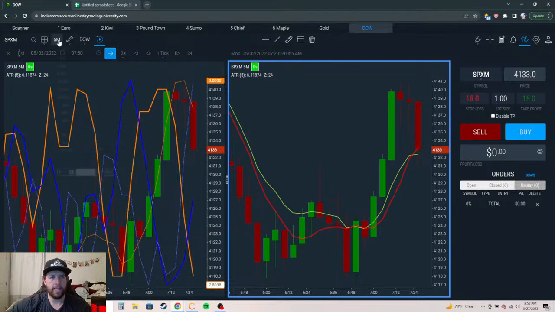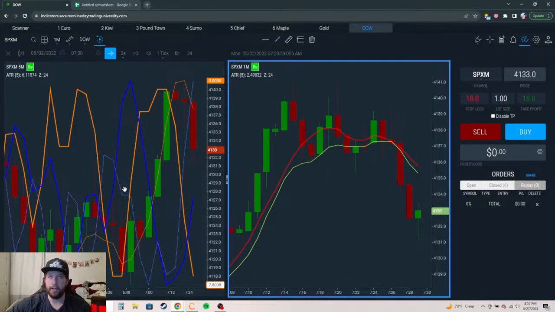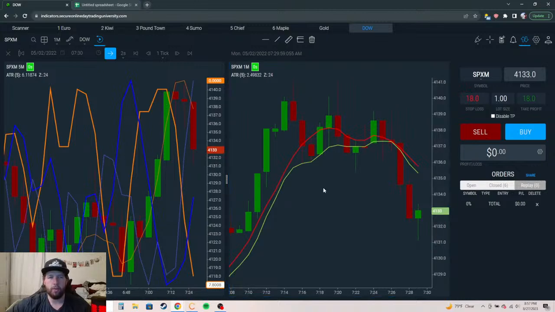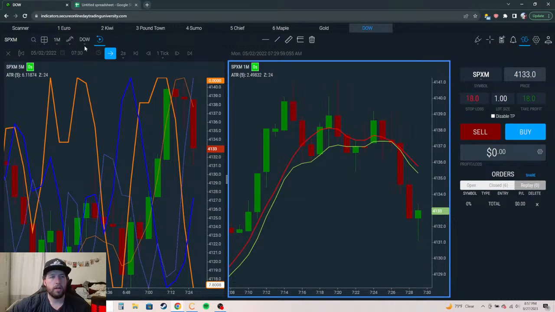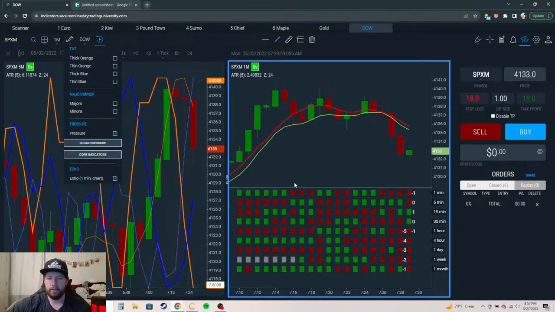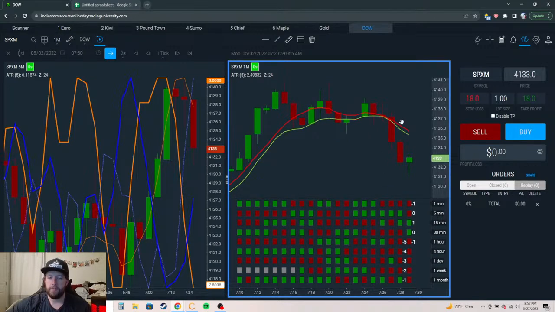Except this needs to be 1 minute. So just so you have a better idea of what you're looking at, this 5-minute chart, 1-minute chart. And basically the strategies, we're looking at how the price action interacts with this indicator right here, these red and green lines. And then, oh, I need one more indicator here. This guy. Basically a sell signal, like this is an example right here where the price action is touching these pressure lines.